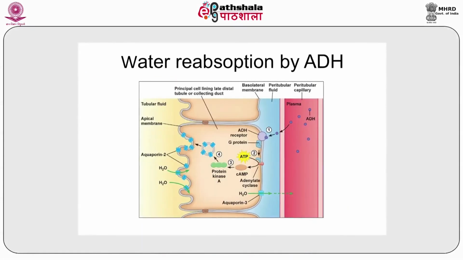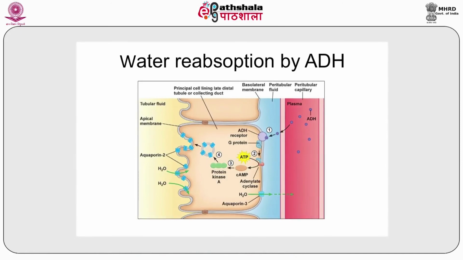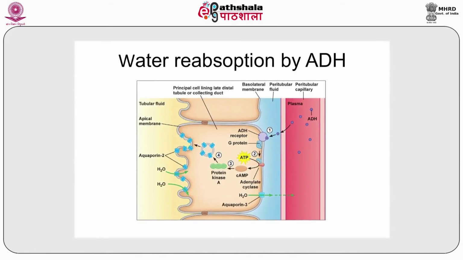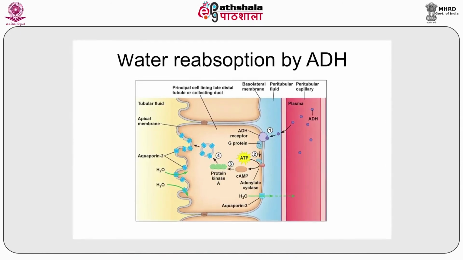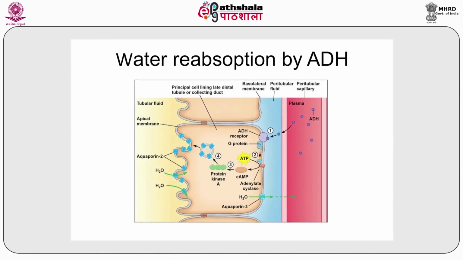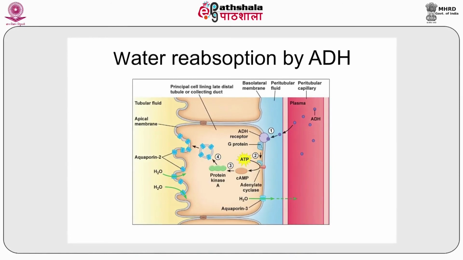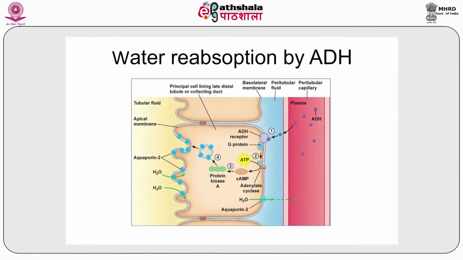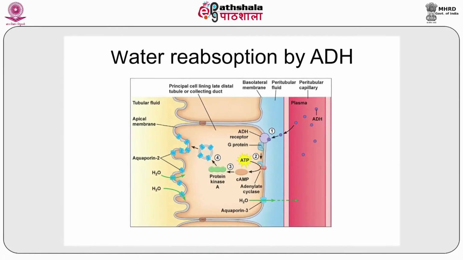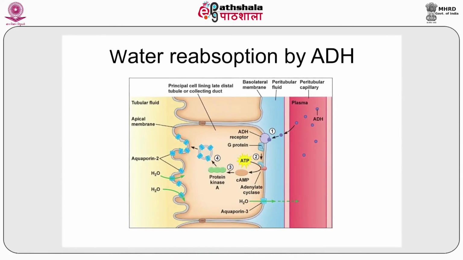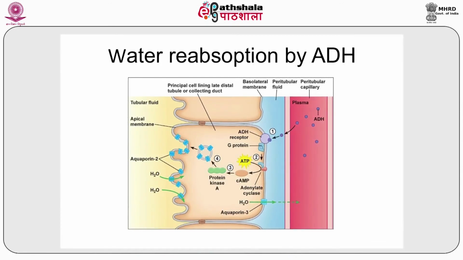ADH is released in response to both change in osmolarity and blood volume, but its release is more sensitive to plasma osmolarity, because only a 1 to 2% change in osmolarity leads to much more release of ADH as compared to blood volume change, which requires more than 10% loss.